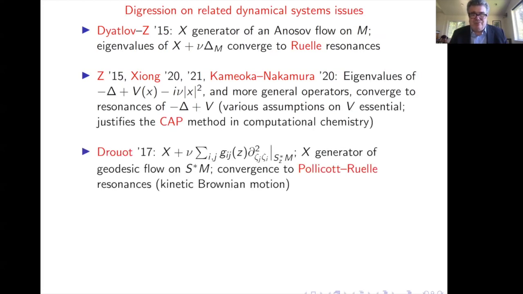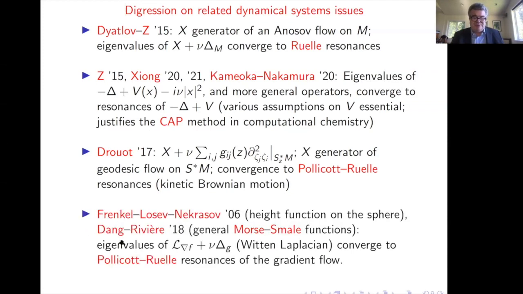And Alexis Drouot used a more natural way of adding this viscosity term in the case of geodesic flows on manifolds, by adding something called a spherical Laplacian. This is no longer an elliptic operator, but it's hypoelliptic. So again, you have discrete spectrum, and again, it converges to resonances.